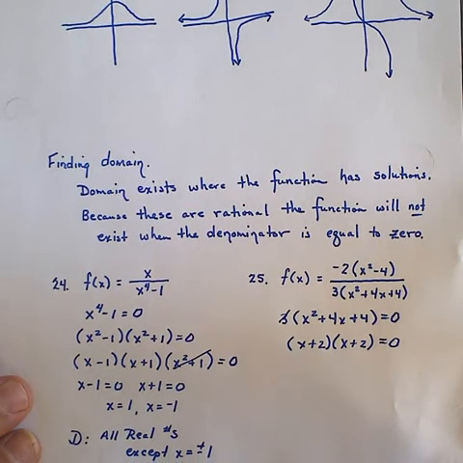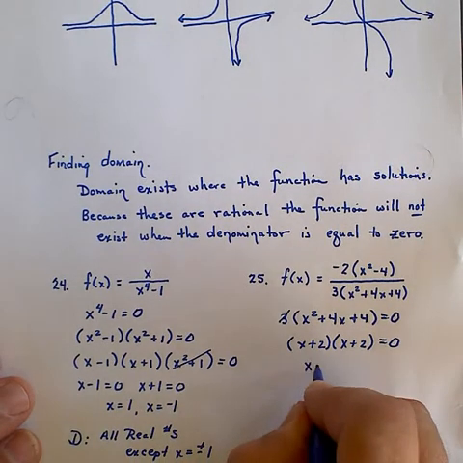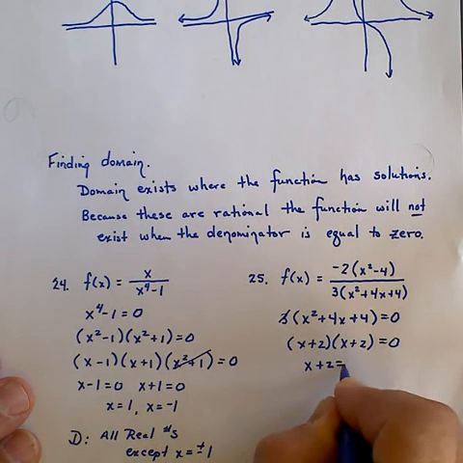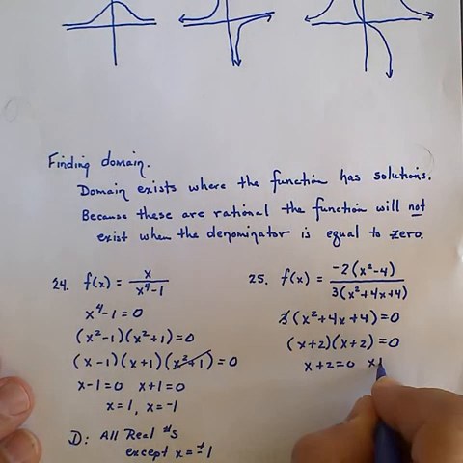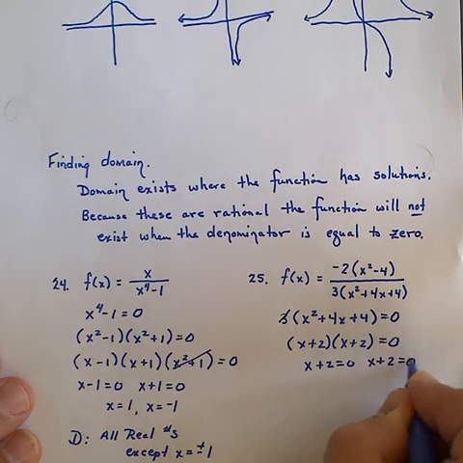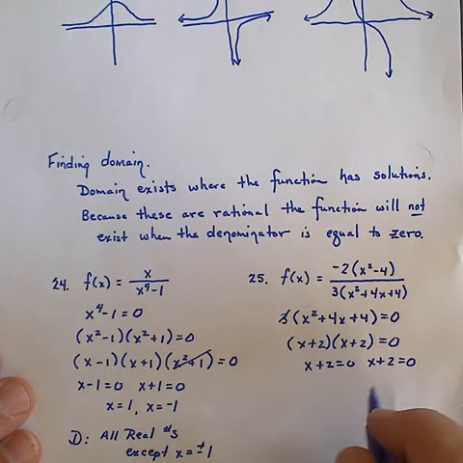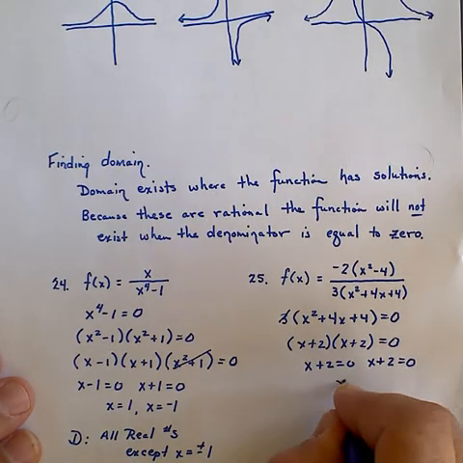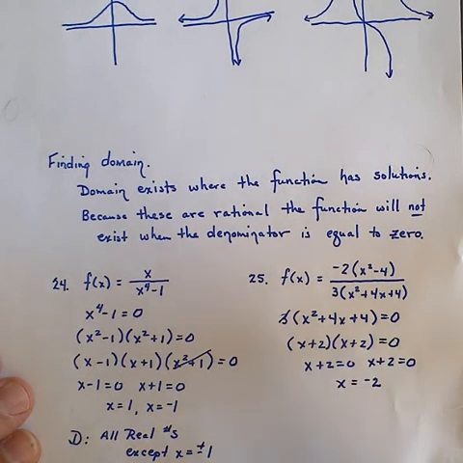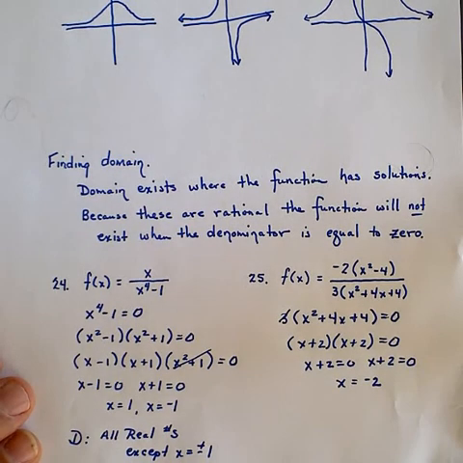When you take each one of these and set them equal to 0, basically I get one solution that's going to be repeated. I get x equals -2. Okay, now, that is the only number that will not create a solution. So that would be my exception to my domain.